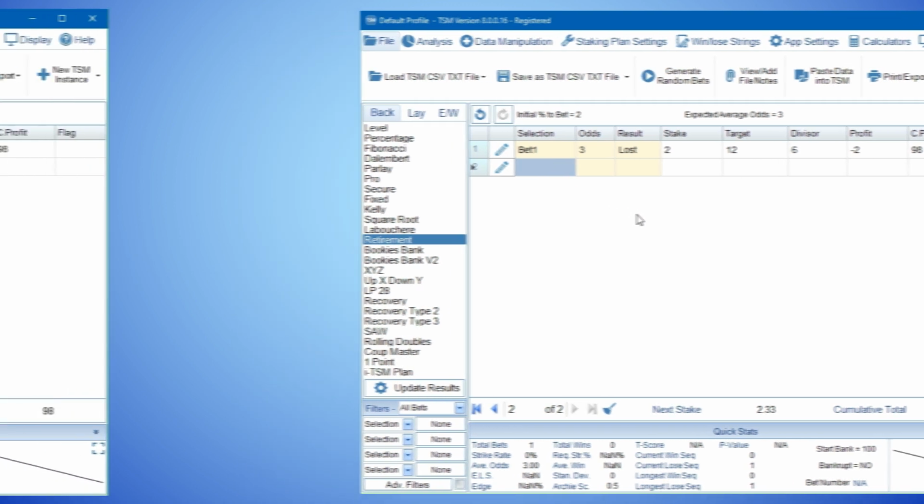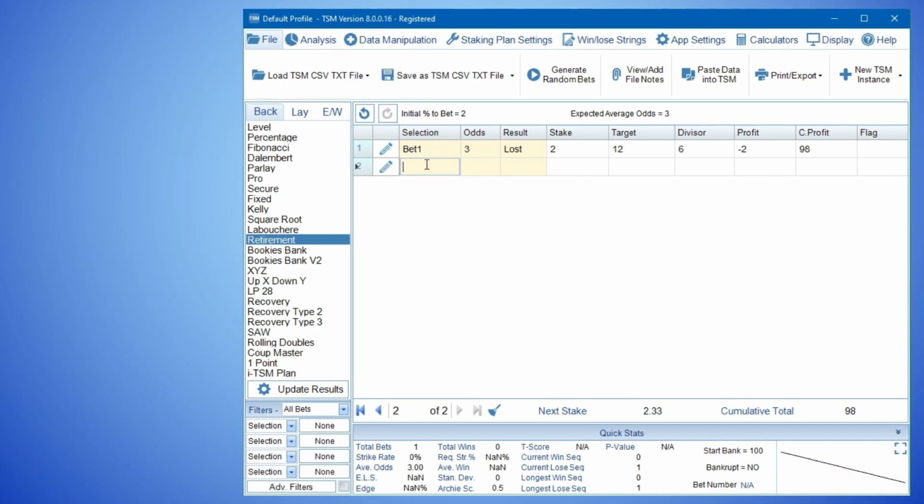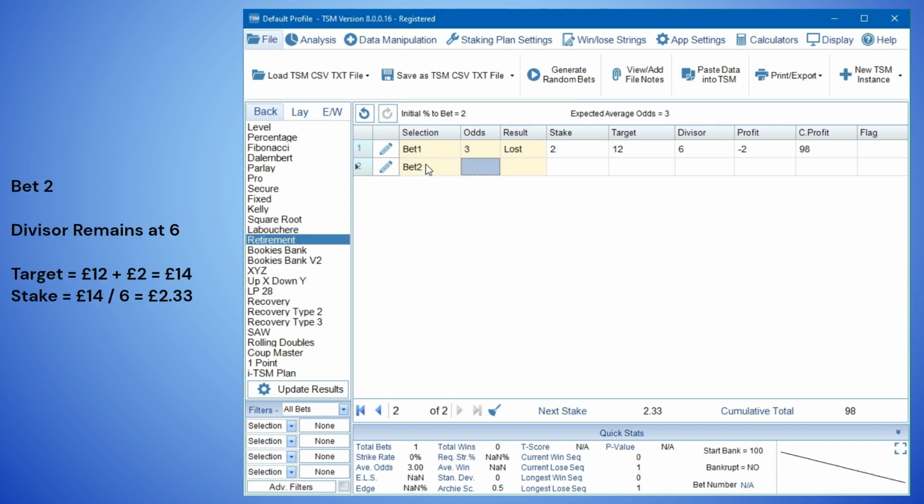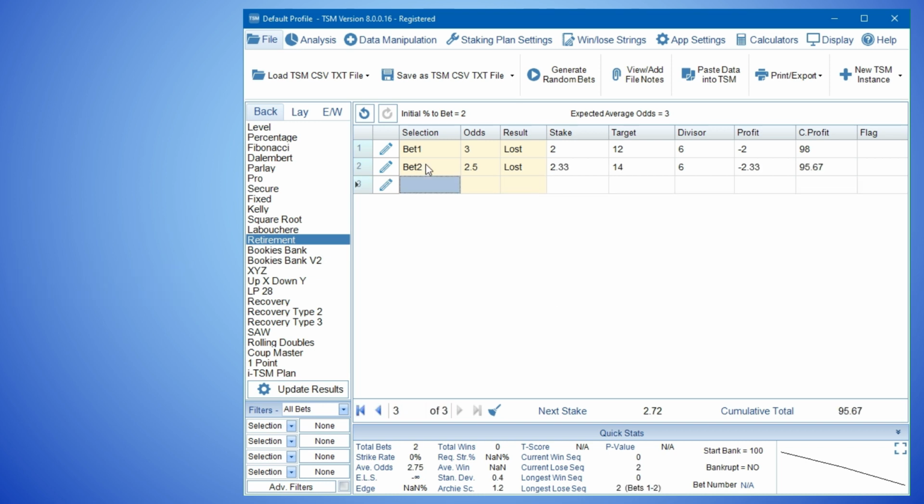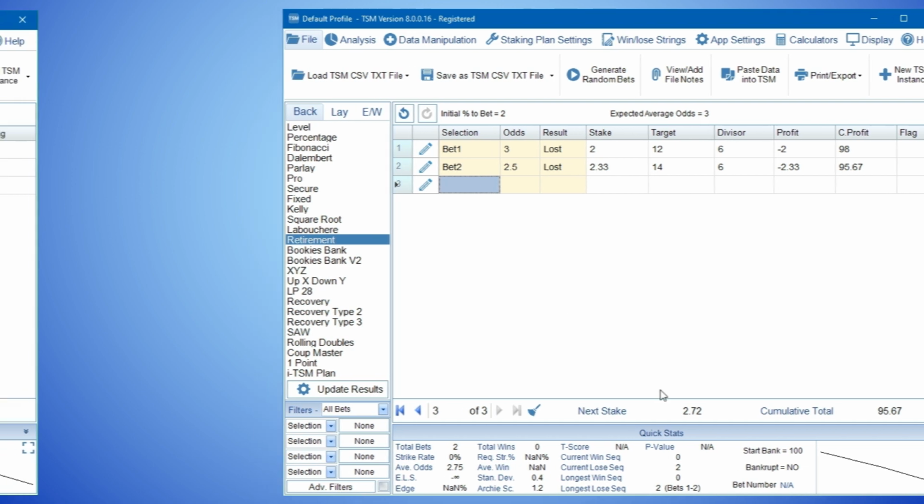Bet 2. Our target is now the initial target of 12 plus our series loss of 2. Our new target is therefore 14. The stake for the second bet is 14 divided by the divisor of 6, which is 2.33. This bet loses as well. Bet 3.